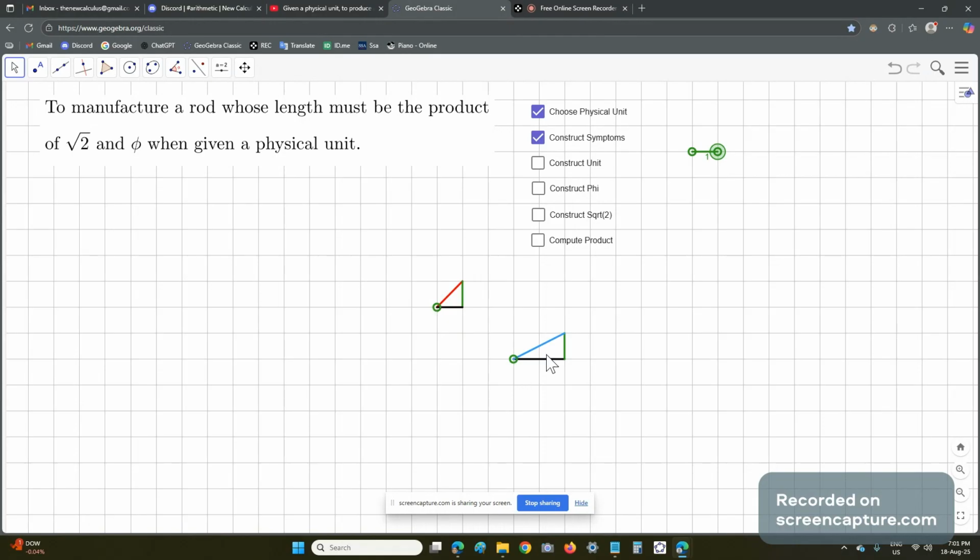And then from this one here, we get the symptom of phi, as they call it in Greek.